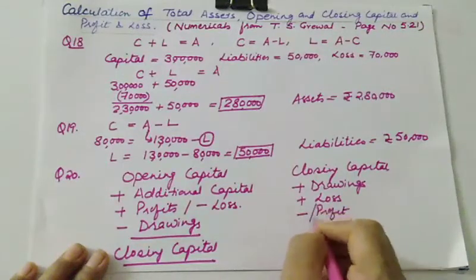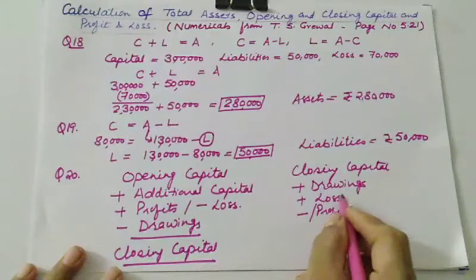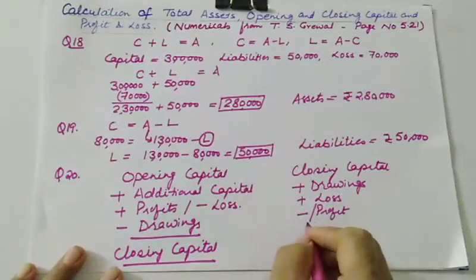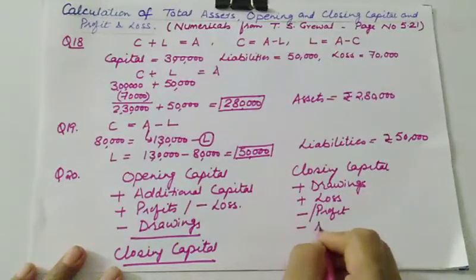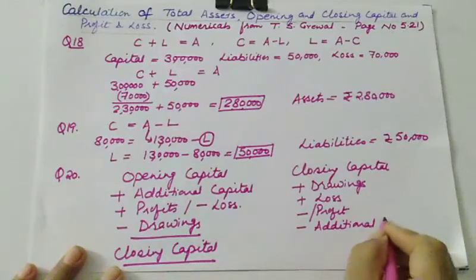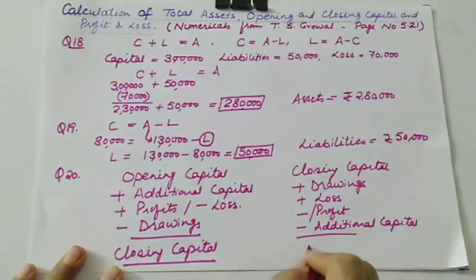Either of these two, either there will be profit or loss. If loss is there, it will be added, and if profit is there, it will be deducted, and then additional capital will also be deducted in order to calculate opening capital.